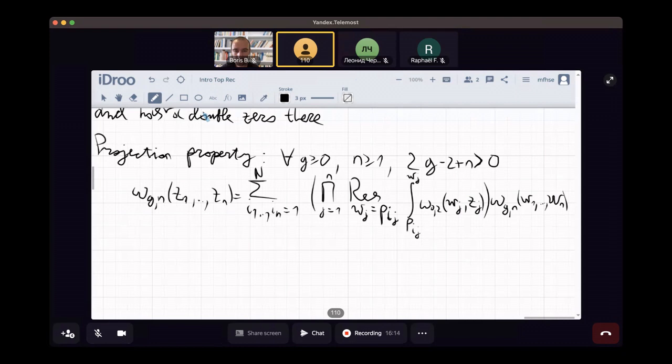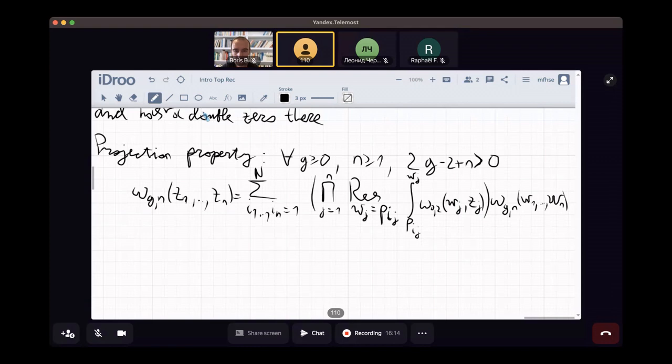И дальше здесь говорится следующее. Вот посмотрим на омега g,n. Давайте отдельно рассмотрим зависимость от w1. Здесь говорится, что давайте возьмем сумму по всем критическим точкам x вычетов нашей функции, умноженной на вот этот интеграл.